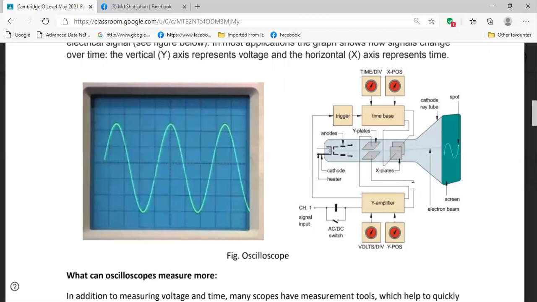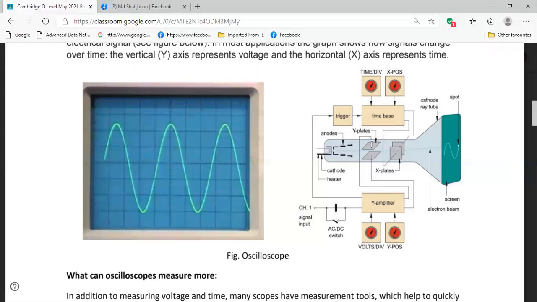They are helping the electron beams to fall in the right place according to the time-based setting, according to the voltage setting. Yes, sir. Is it clear?